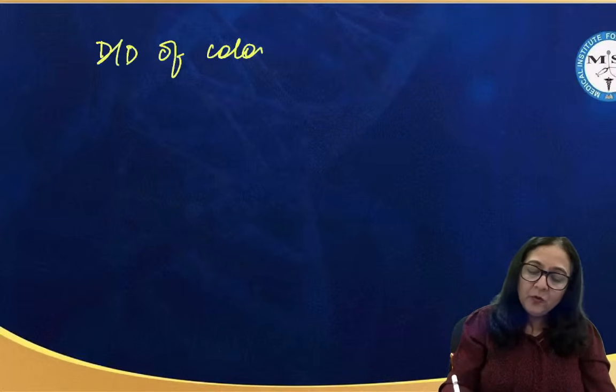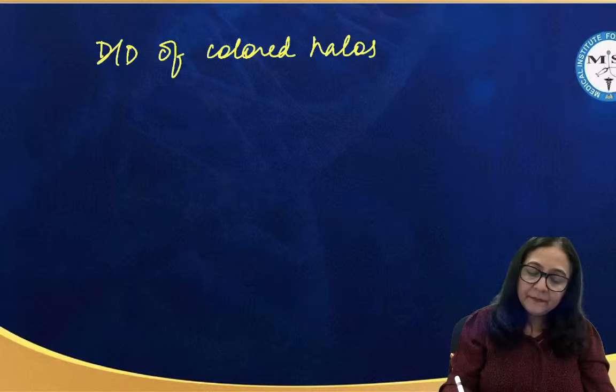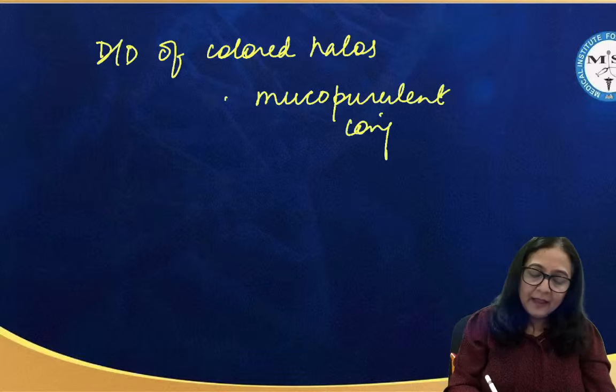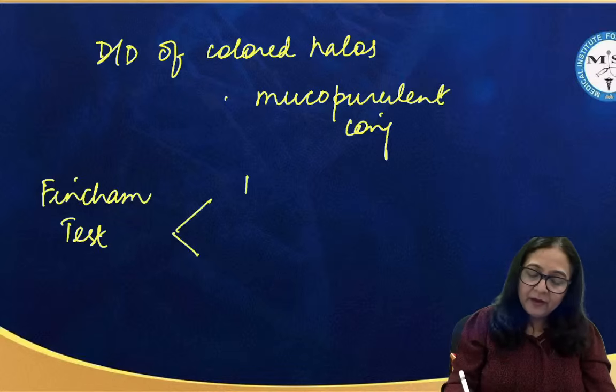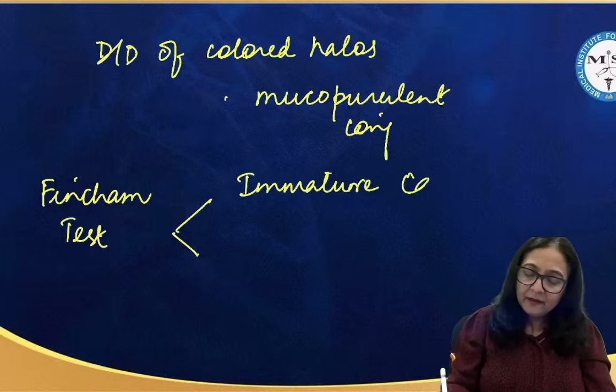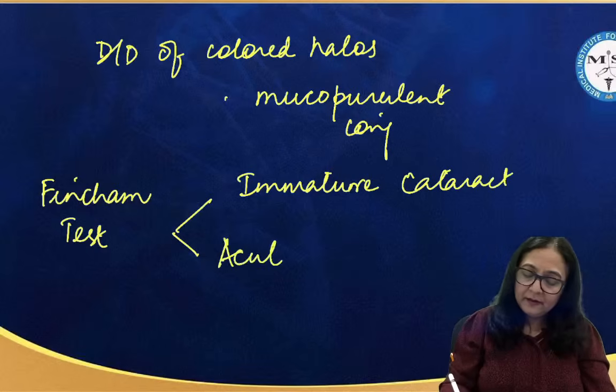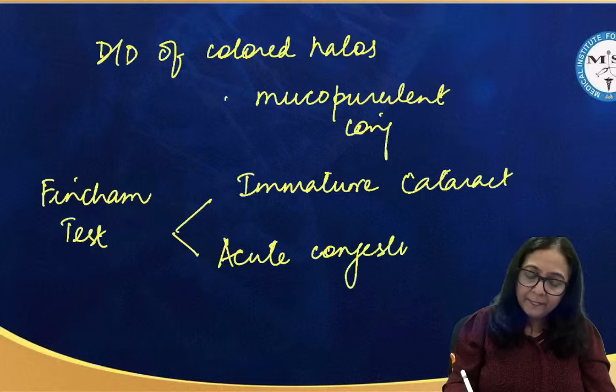You know, mucopurulent conjunctivitis. And then the Fincham test tells us whether the halos are because of immature cataract, mostly the cortical type of cataract, or because of acute congestive glaucoma or acute angle closure glaucoma.